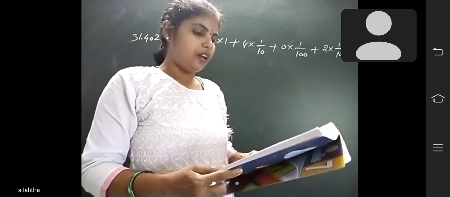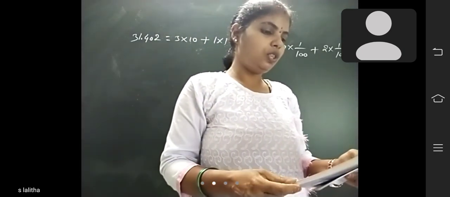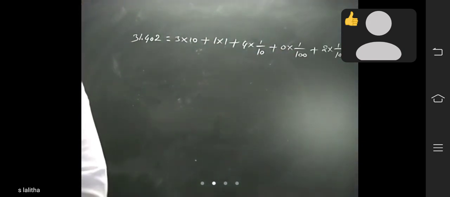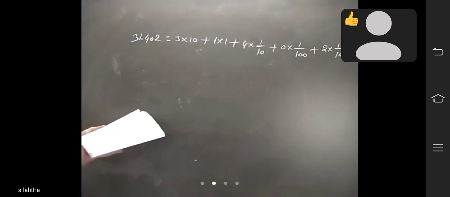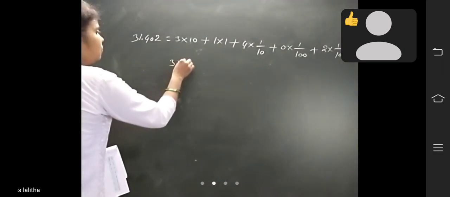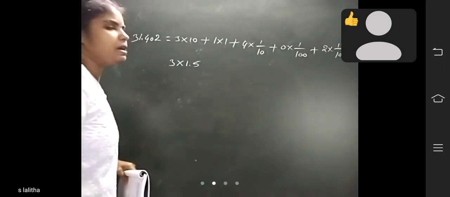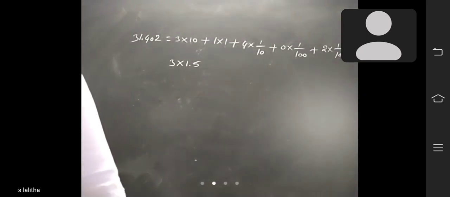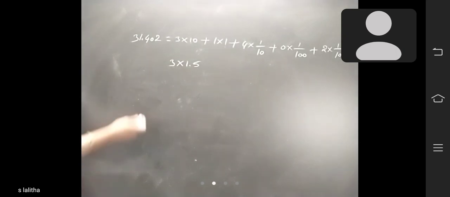Now multiplication of a decimal number with a whole number. Already I told. Now only. What is that? 3 into 1.5. How can you multiply this? We have two methods.